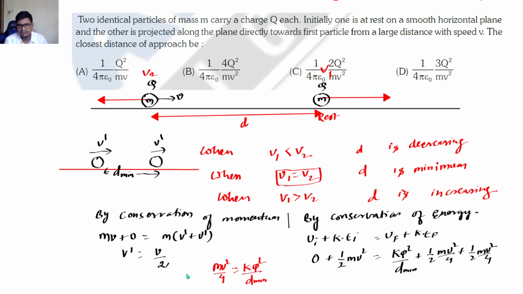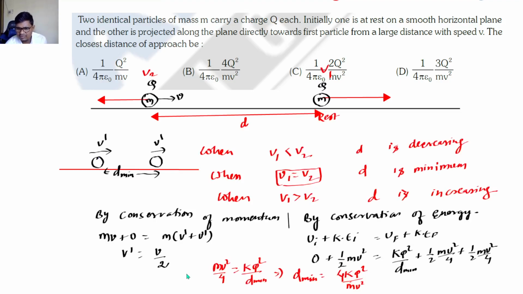So d minimum we will get here, d minimum equals 4 k q square by m v square. K can be written as 1 upon 4 pi epsilon naught. So 4 and 4 will cancel there.